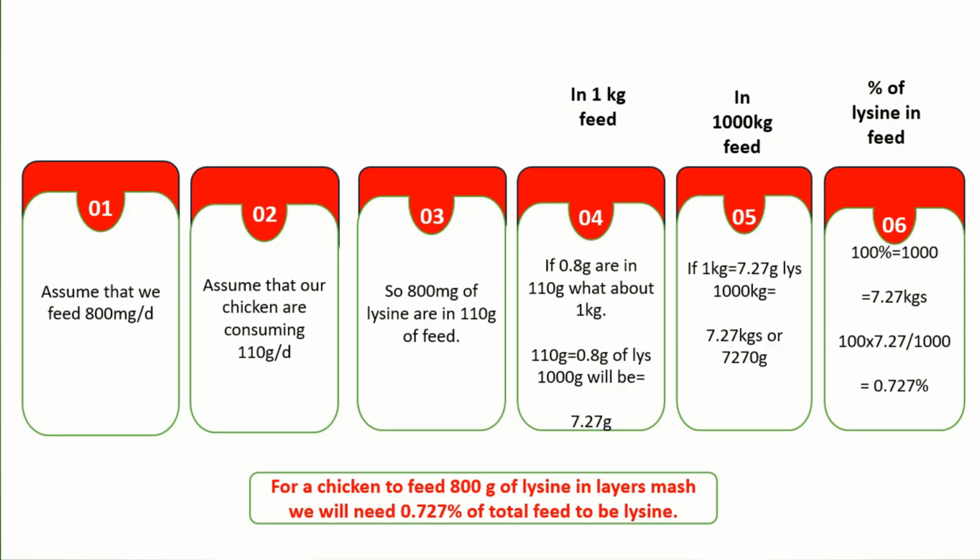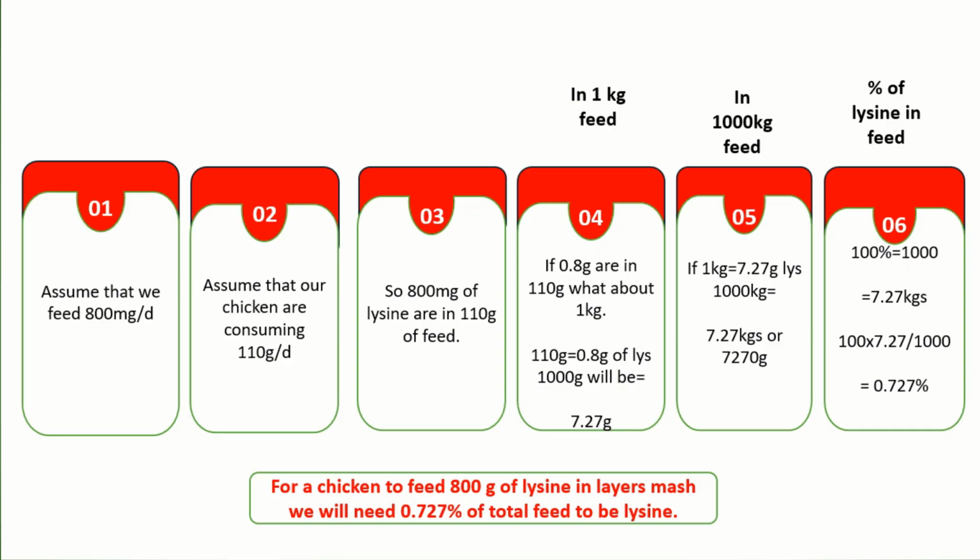We want to determine this in 1000 kg, that is 1 ton. So if 1 kg of feed will take 7.27 grams of lysine, what about 1000 kg of feed? We are going to get the answer as 7.27 kg of lysine, and we are going to determine the percentage of lysine in 1 ton of feed.